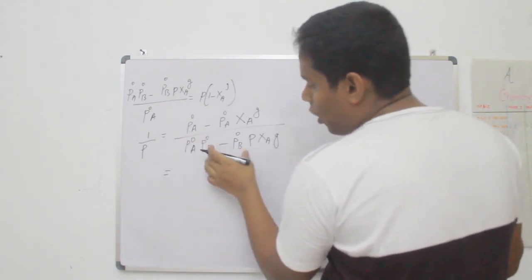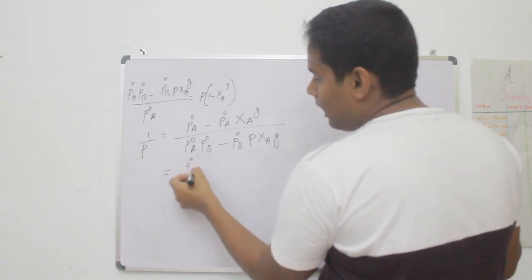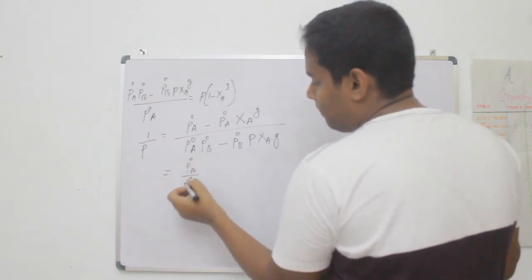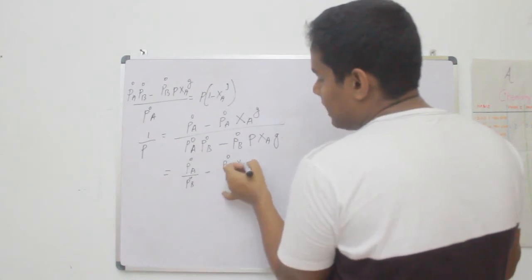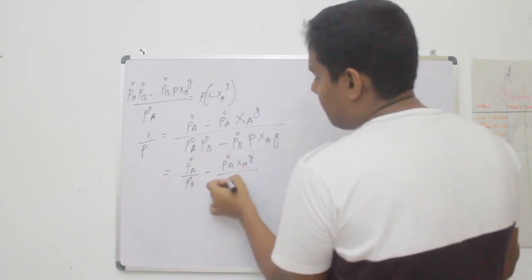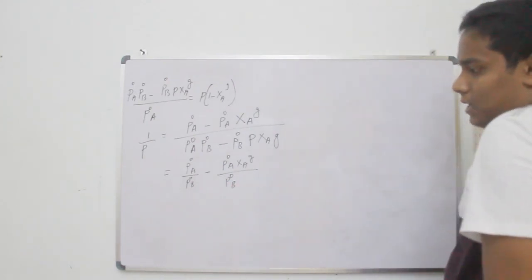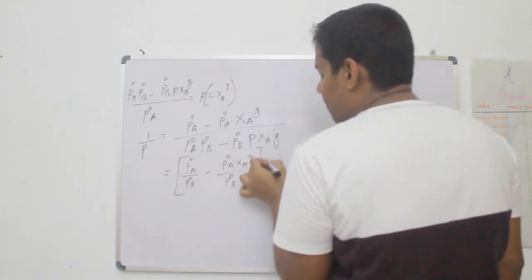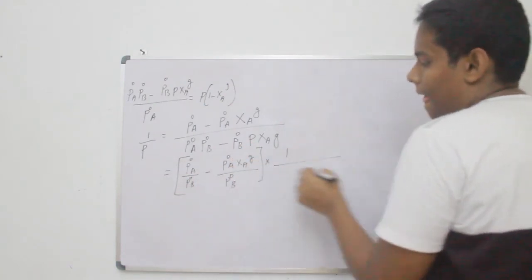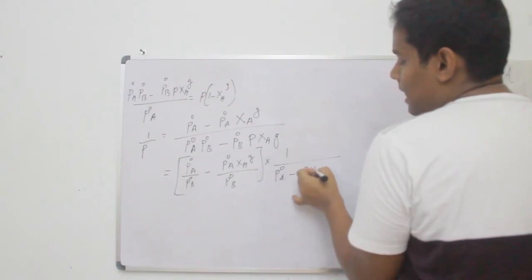So if I take P0 B out, it will be P0 A by P0 B minus P0 A XAG divided by P0 B, minus P0 B, divided by P0 A minus P XAG.